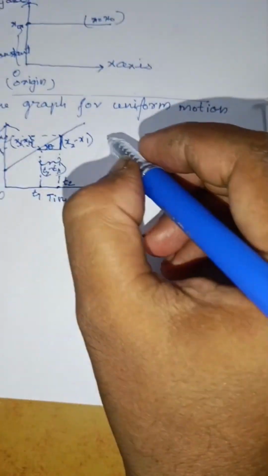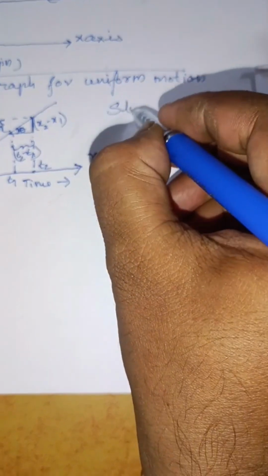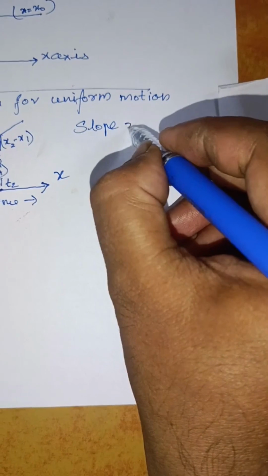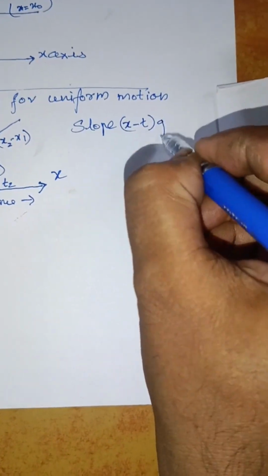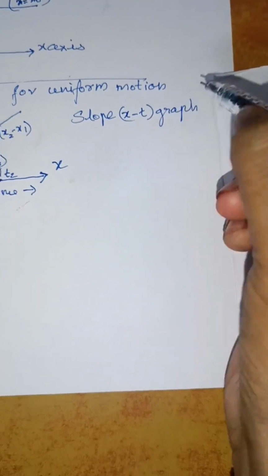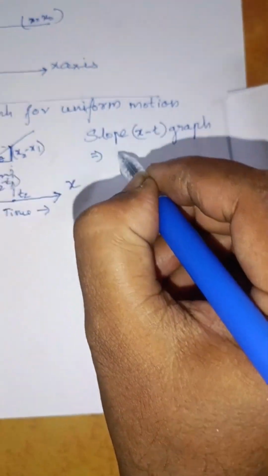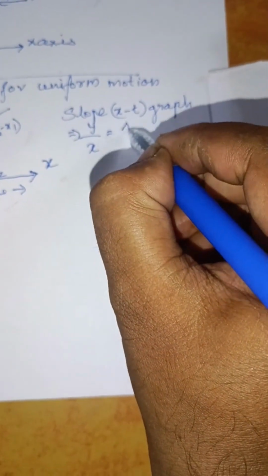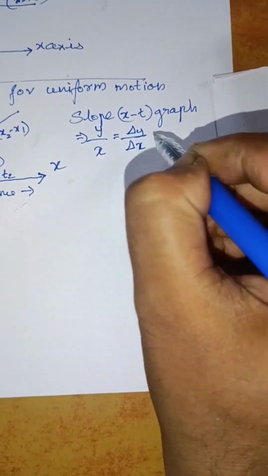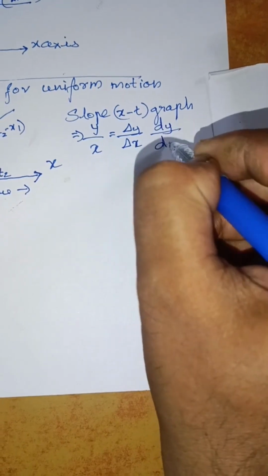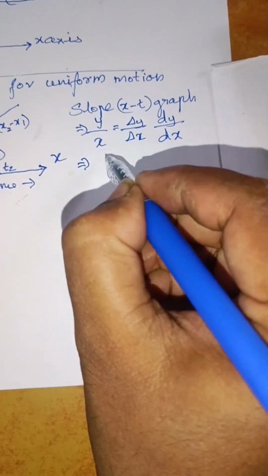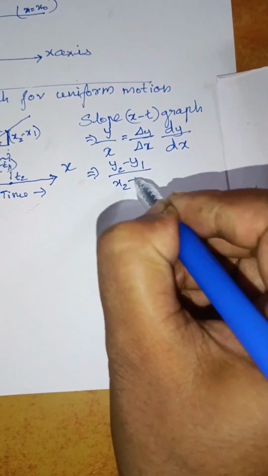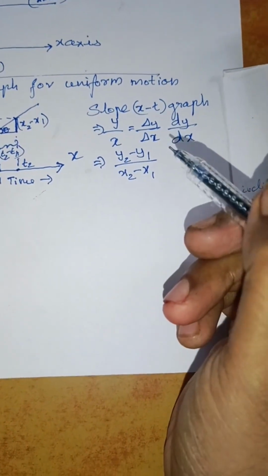Now, the slope of an xt graph for uniform motion: the first formula is y by x, or delta y by delta x, or dy by dx. So here y2 minus y1 divided by x2 minus x1. Point number 1 will be very clear.